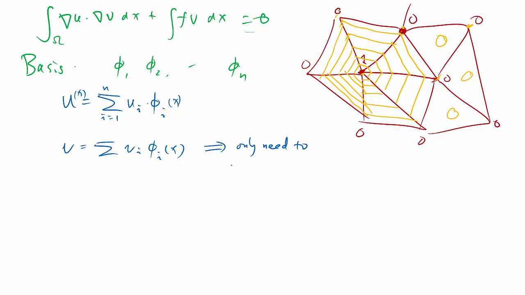I only need to enforce the equation for v equal to each vi, i equal to 1 to n. By using the fact that Xh is finite dimensional, I can reduce this equation from an equation with the continuous functions u and v to equations with these numbers ui.